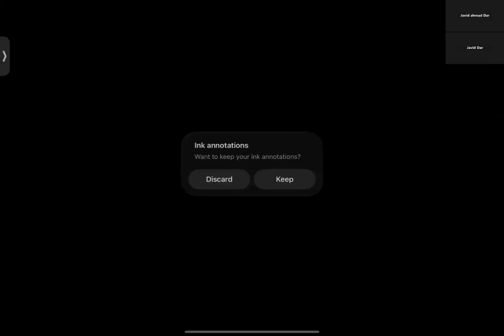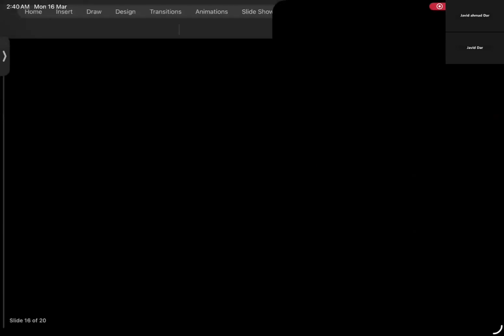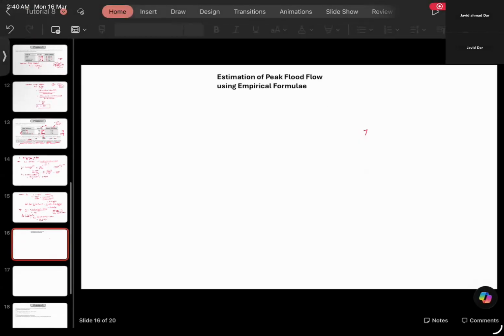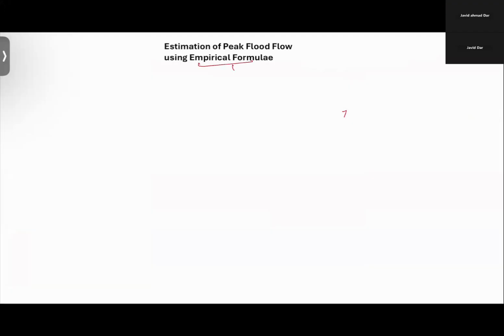So these empirical formulas are derived based on some statistical relationships. Now, one of the common relationships that we have, or the simplest relationship of the peak flood flow, is with the area of the catchment. That's called flood peak area relationship.